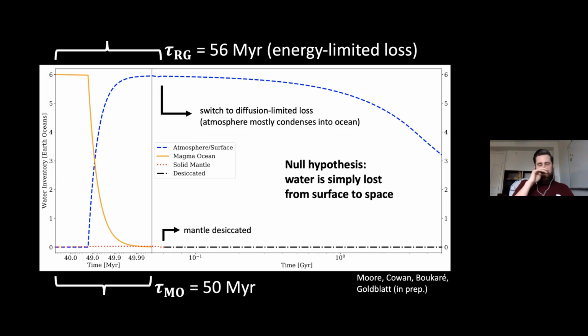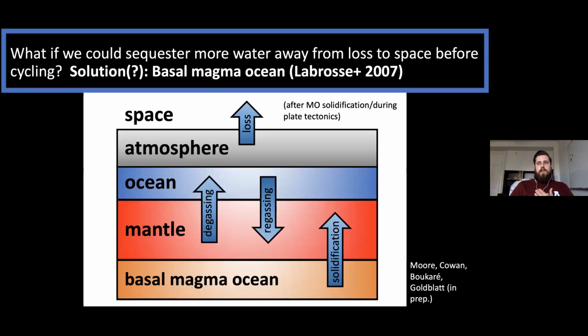This gives us the null hypothesis. Since the mantle is desiccated, there's no cycling, and as you would naively expect, water is just basically lost from the surface to space. So we think there should be a way to sequester water away from this loss to space before that deep water cycling occurs.